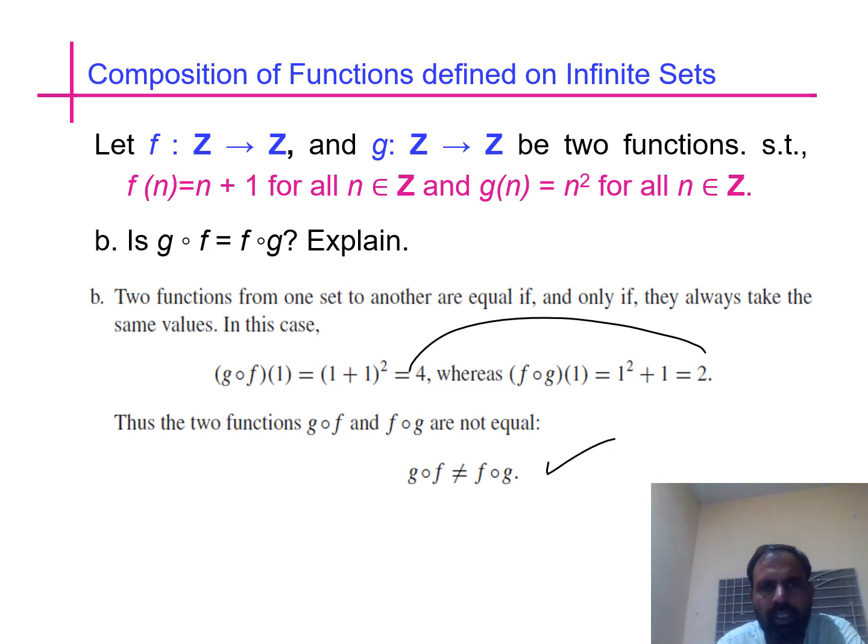In this case, g circle f of 1 is equal to (1 plus 1) square, which is 4, whereas f circle g of 1 is equal to 1 square plus 1, which is 2. Thus the two functions are not equal.